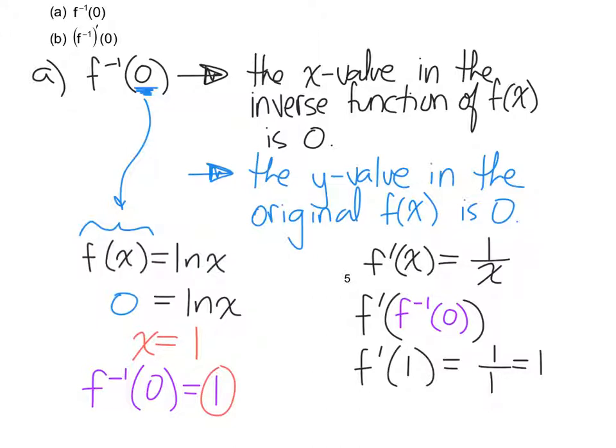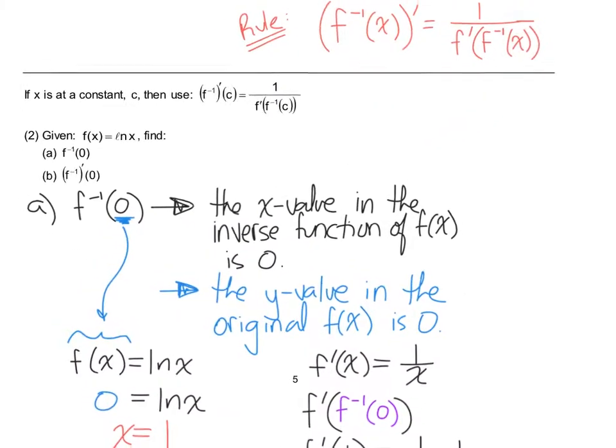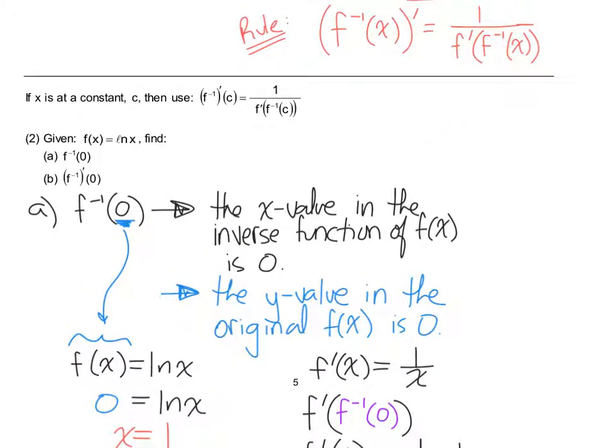All right, it's just a matter of putting it all together and finding my final answer. And for that, we go back to the formula, because again, the formula is important. If you look at the structure of it, we have the inverse as a derivative at c. So I'm going to write it in this case, inverse is derivative at 0, which would be 1 over the derivative of the inverse at 0.